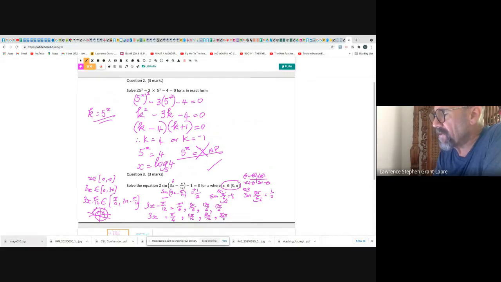Finally, we just divide each of these by 3. Therefore, x will be 3 pi over 12 divided by 3, which is pi over 12. 11 pi over 12 divided by 3 is 11 pi over 36. 27 pi over 12 divided by 3 is 27 pi over 36.